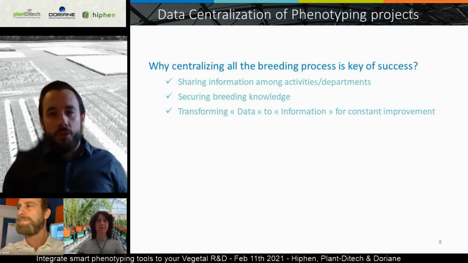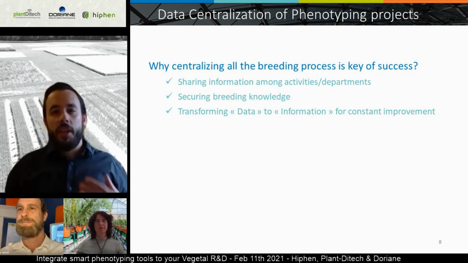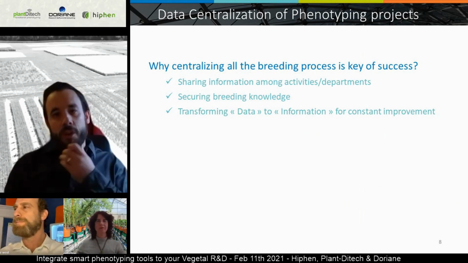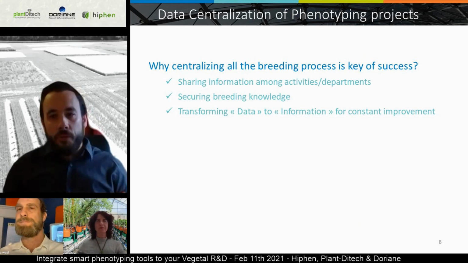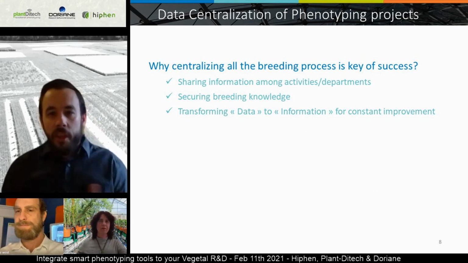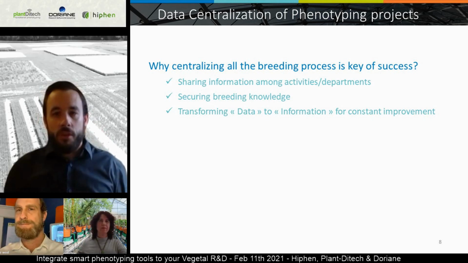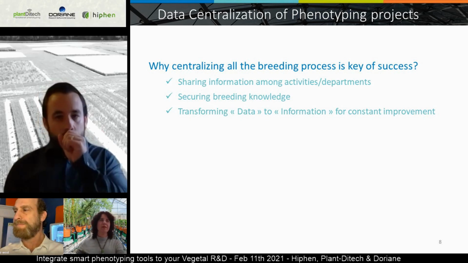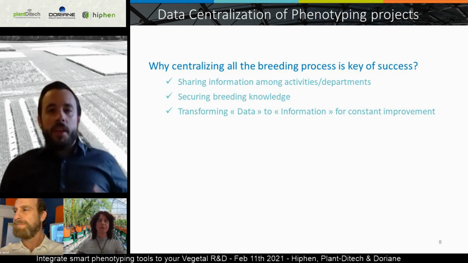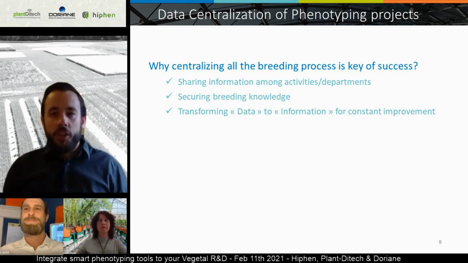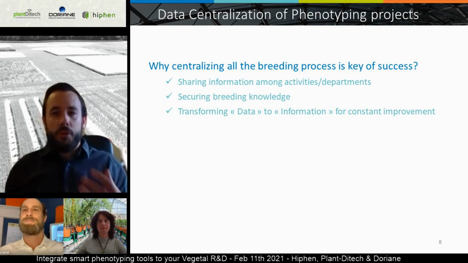I hope I brought you some answers on why a centralized database system such as R&D Experience can bring value to your breeding work. Some factors of response: first, improving the sharing of information among activities, notably between lab and field, or between pre-breeding and product development. Then, securing the breeding knowledge, because the methods are described in the breeding management software, which guarantees uniformity of processes.